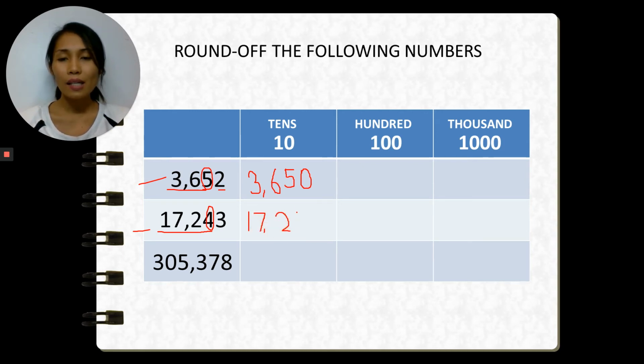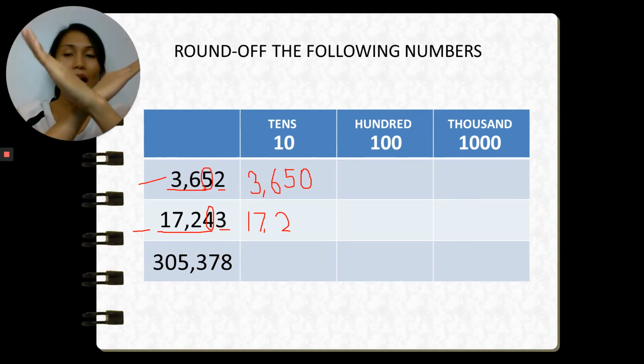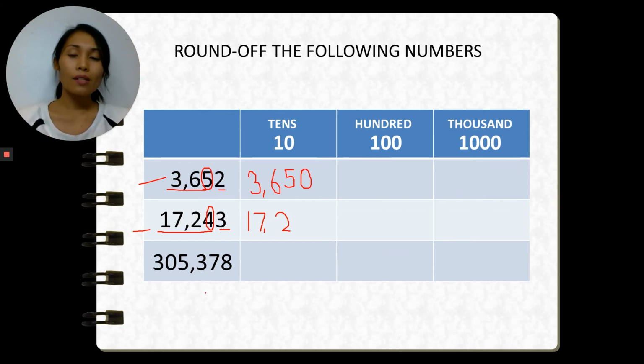Now decide, are you going to round up or round down the number 4? Okay, look at the next digit, 3. That means round down. Don't do anything because 3 is less than 5. So it's still 4. And then make the 3 0.